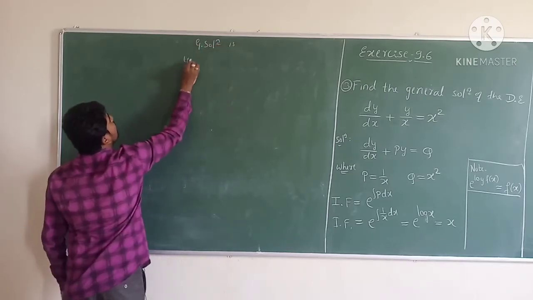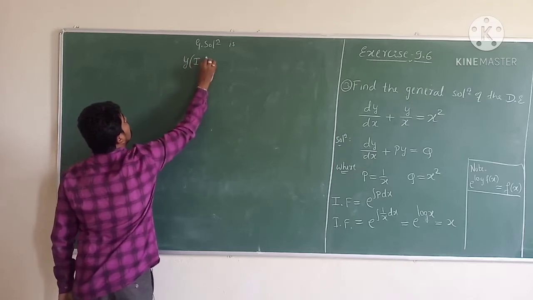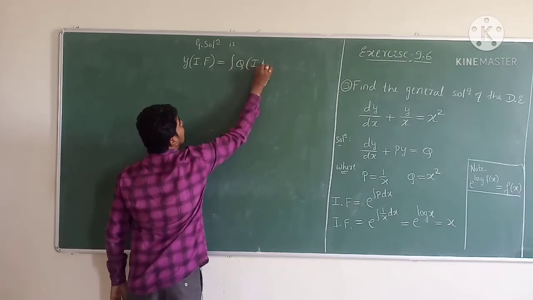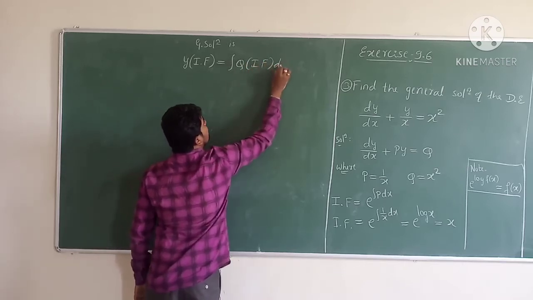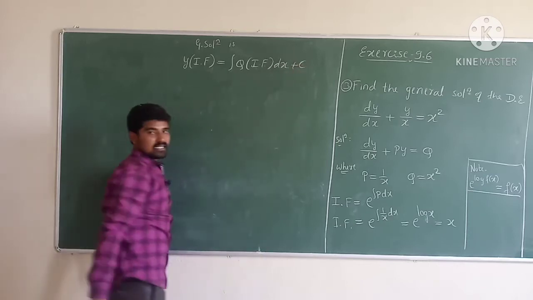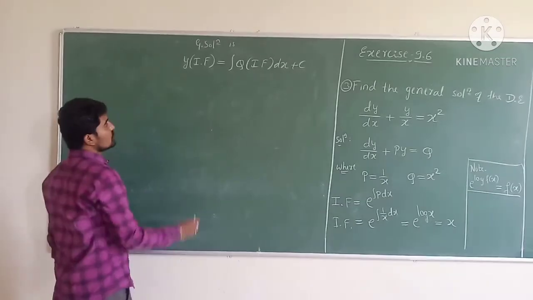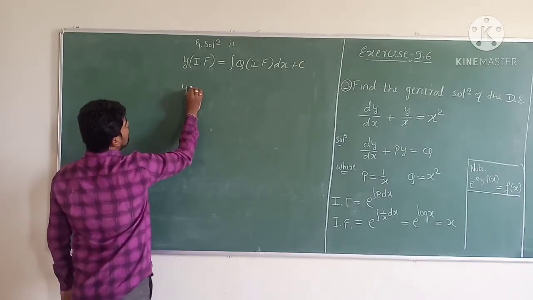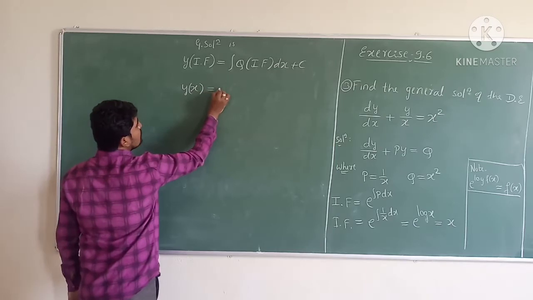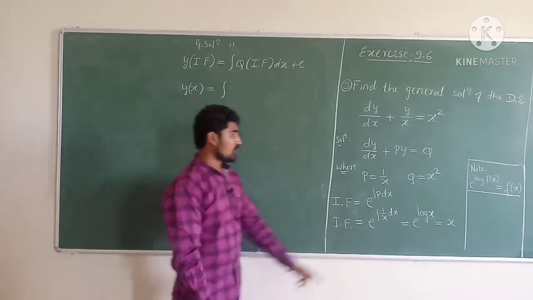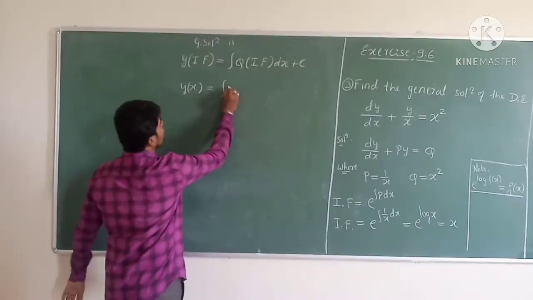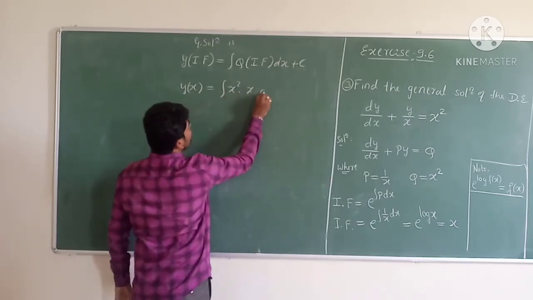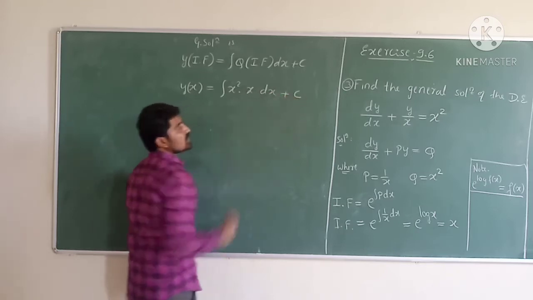the formula is y into integrating factor is equals to integration of q into integrating factor with respect to x plus integral constant c. Now substitute the values of q and the integrating factor. So y into integrating factor x is equals to integration of q, which is x square, into integrating factor x with respect to x plus integral constant c.